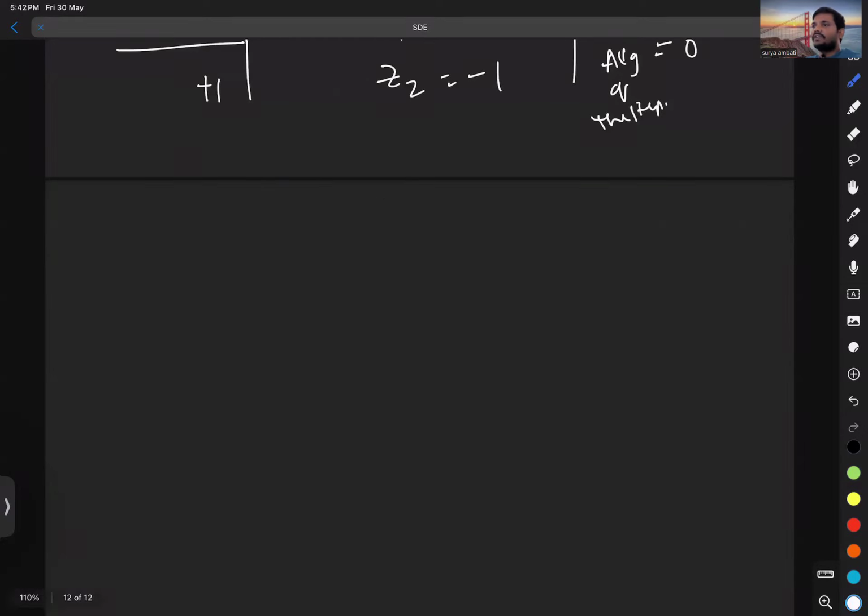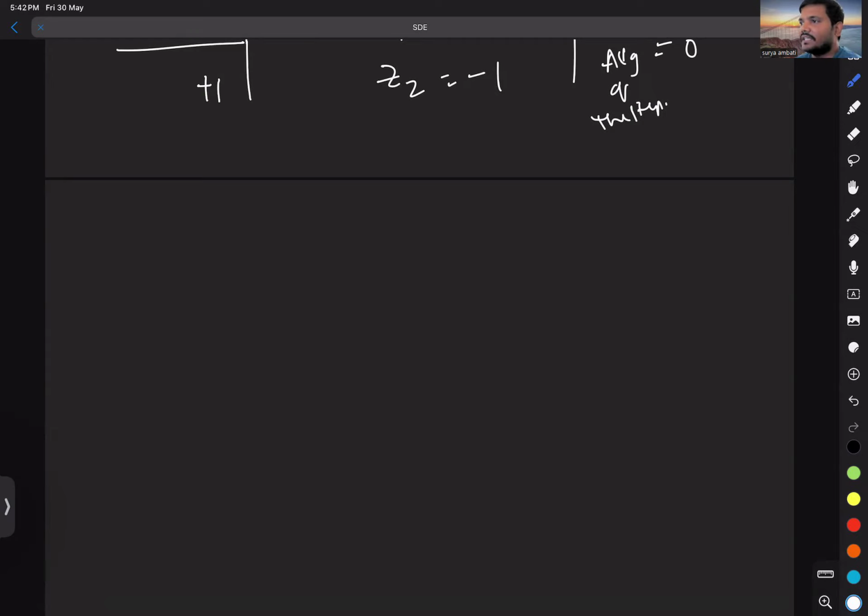Our next step is to figure out the variance. Variance measures how much a random variable, like Z1 in this case, spreads out from its average or mean. It tells us how scattered the possible values are.